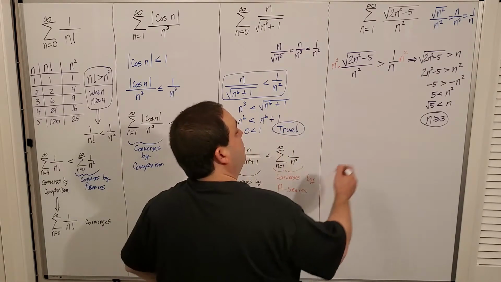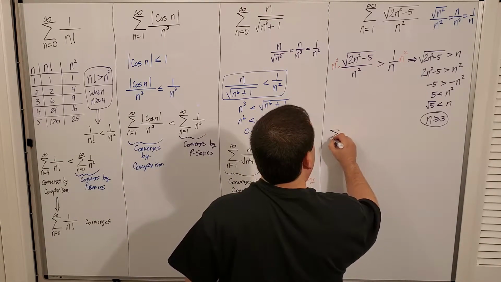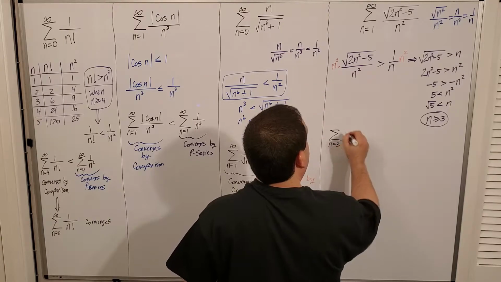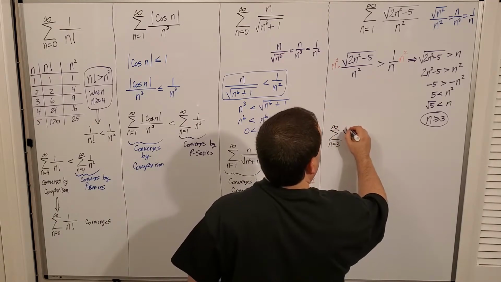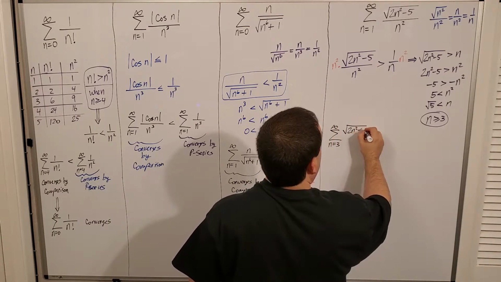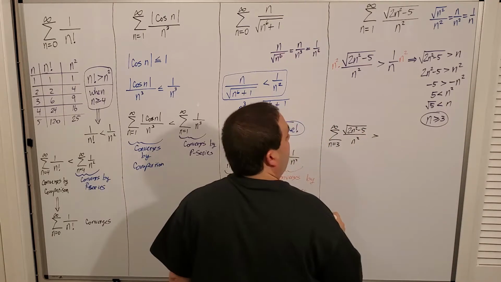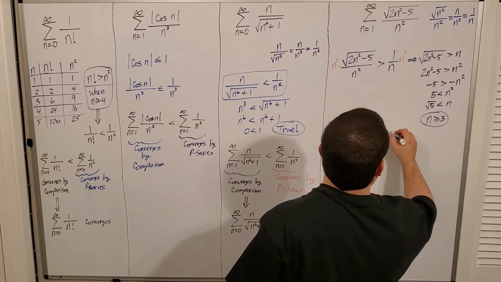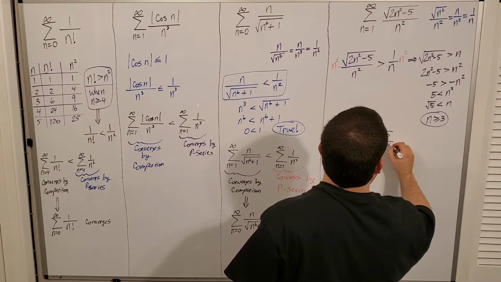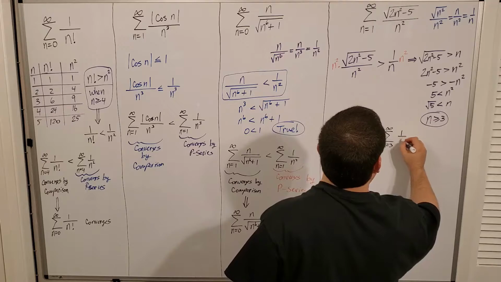So therefore, the sum from n equals 3 to infinity, square root 2n squared minus 5 over n squared, is going to be greater than the sum from n equals 3 to infinity of 1 over n.